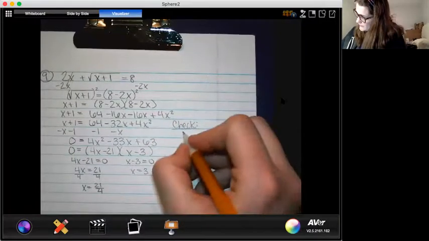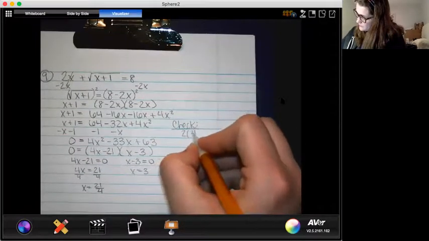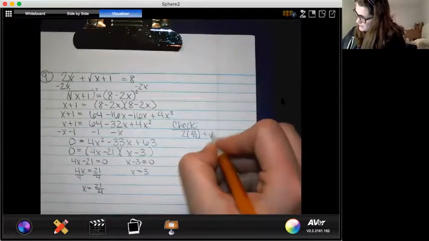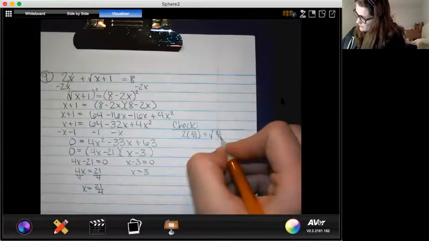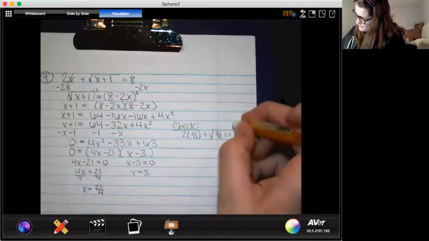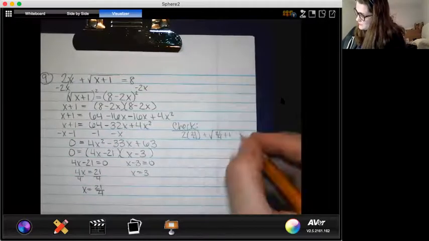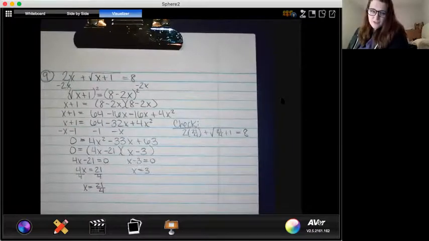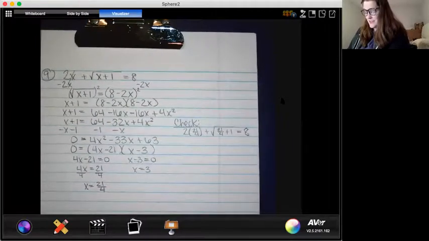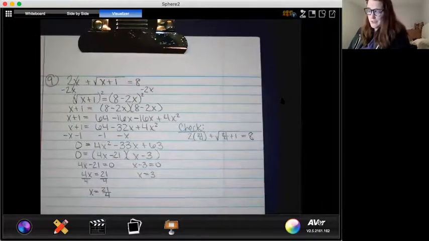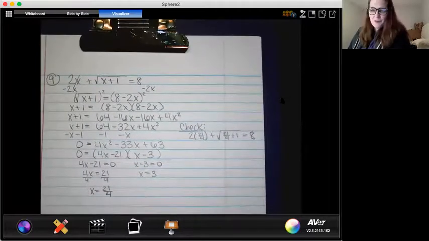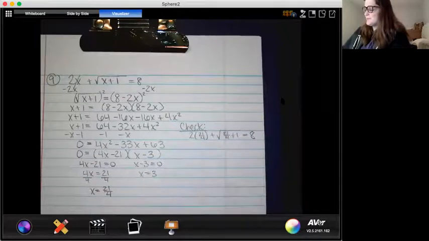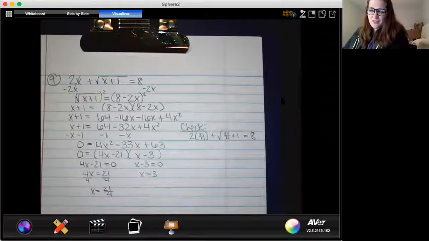So I have 2 times 21 fourths plus the square root of 21 fourths plus 1. There goes that radical again. Equals 8. I'm trying to see if that works. Now, when you have fractions like this, that's a little bit more difficult than 1/2 or 3/4 or something like that, it's perfectly fine to use your calculator, okay?